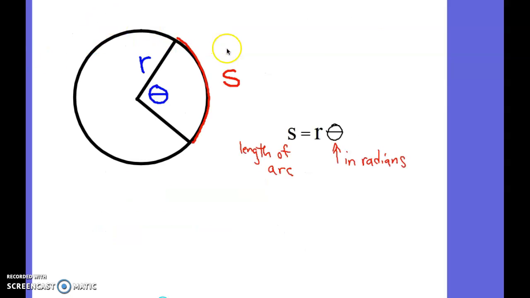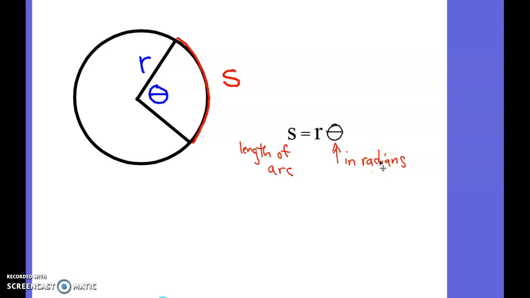And we have our formula. S, the length of the arc, is equal to the radius times theta. But wait, folks, in order to use this formula, we have to be speaking the radian language. In the past, when we use radian language, I pretend that we live in France and you have to speak the French language.